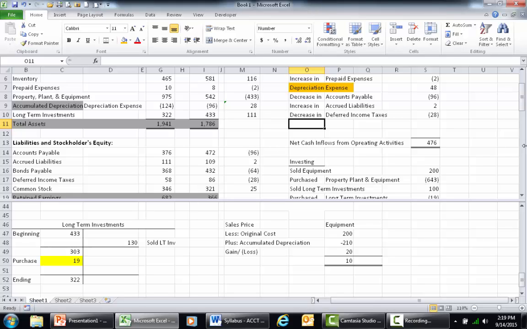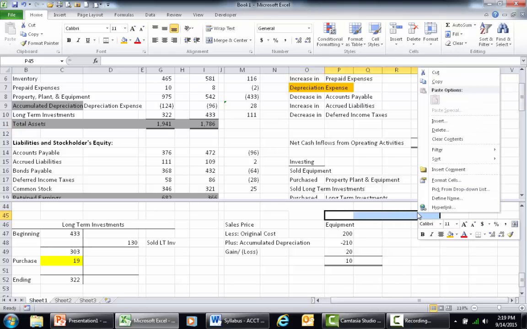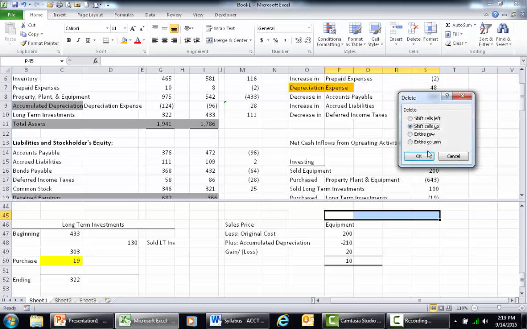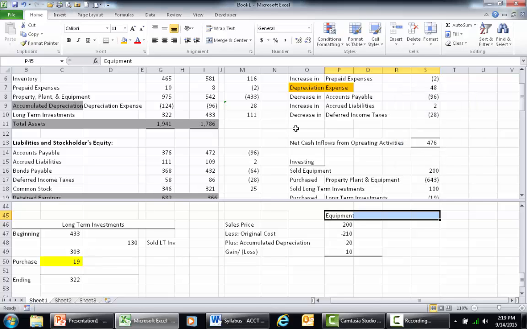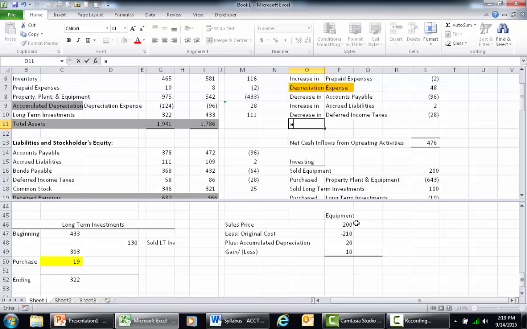In the first blank space, I'm going to enter my information here. I'm going to enter gain on sale of equipment, and it was 10, but it's going to show up as a negative 10.